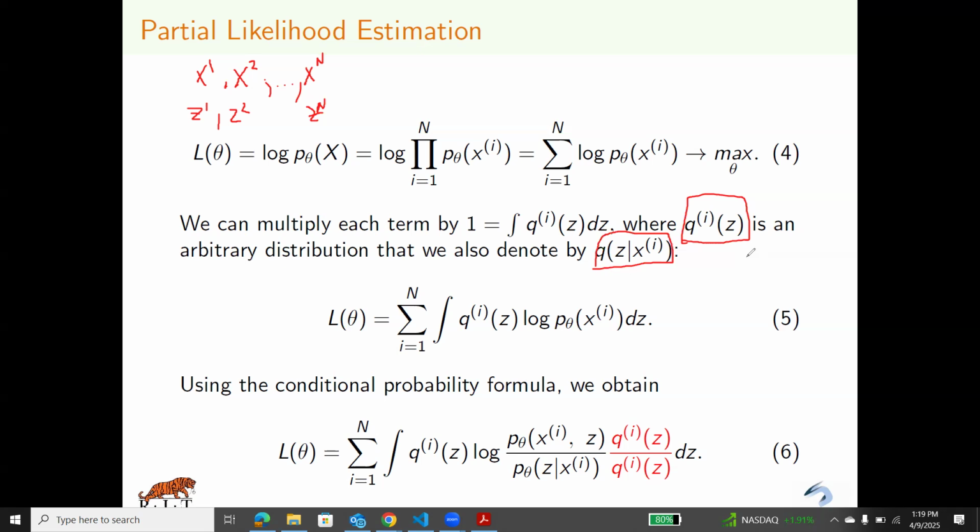It depends on z, it doesn't depend on x. So we multiply, and we didn't change anything. And then we also multiply and divide by this distribution q of the latent variables. And this is how our partial likelihood will look like.